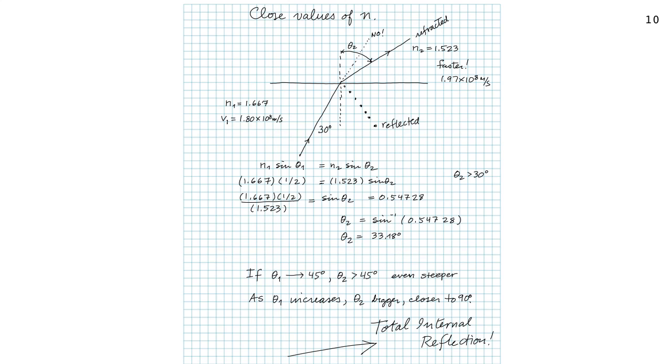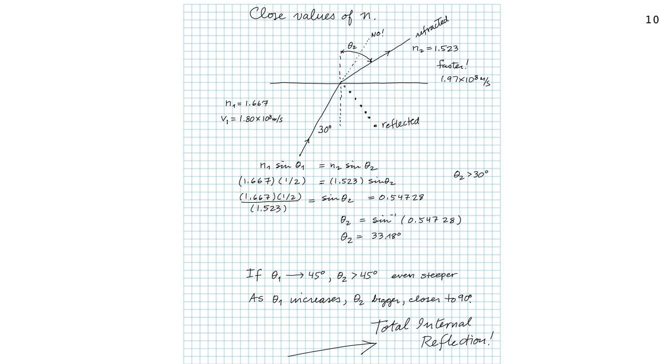So we've got 1.523 up here for the faster medium. So theta 2 is going to be greater than 30. It better be. We better come up with something like 30-something or maybe even 40-something degrees. Probably not much more than that. All right, but let's figure this out.